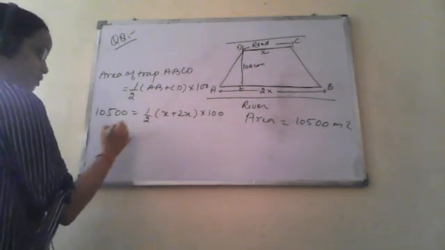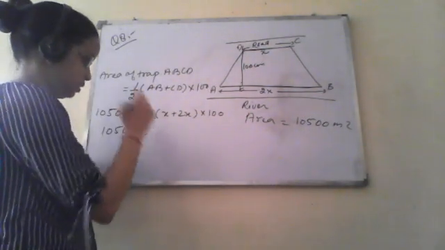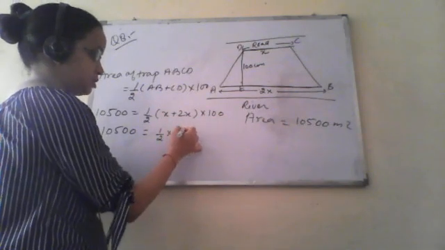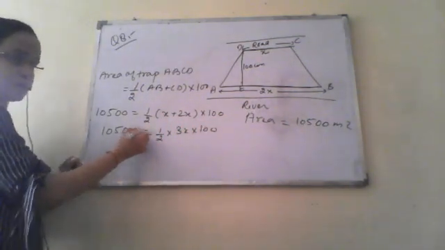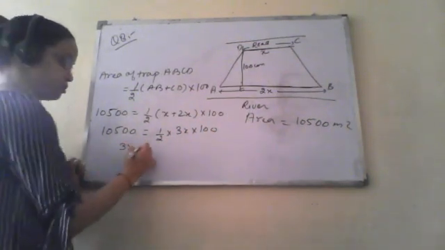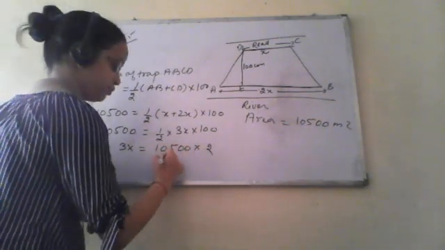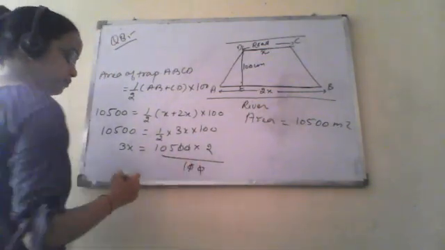So if we calculate, this is 10500. This will be 1 by 2. x plus 2x will be 3x and this is 100. So from here this 2 will go to that side, this 100 will go to the denominator. So from here 3x will be 10500 into 2 upon 100. Okay.